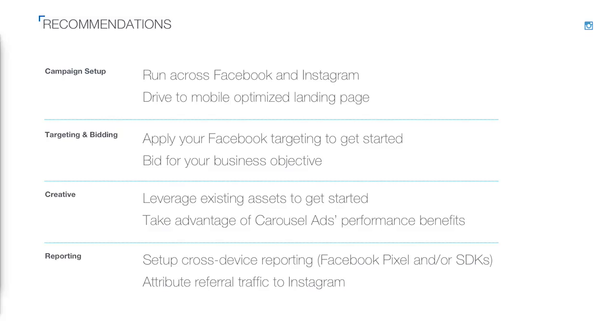And now we've rolled out the website conversions objective. So if you were previously buying on website clicks but looking to drive conversions, Website Conversions is now available and is the best way to do that. So continue to look out for new ways of buying and new objectives as we roll them out. We're working hard to do so.